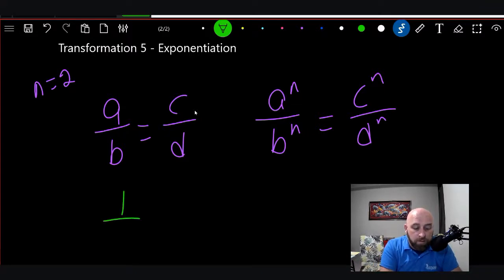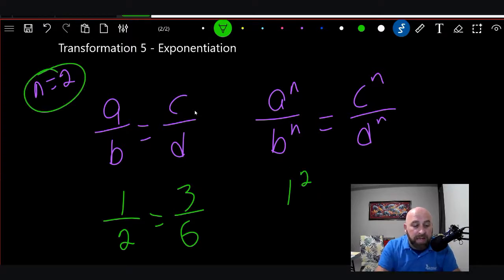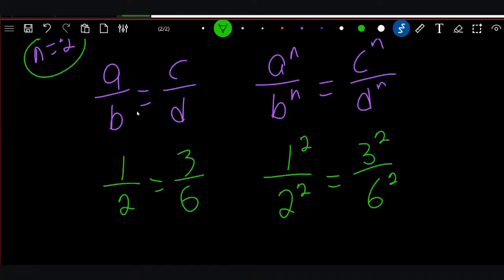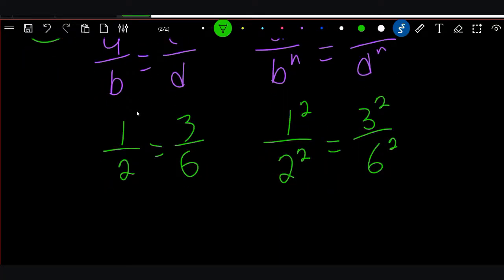1 over 2 equals 3 over 6, going back to that basic proportion again. So over here we have 1 squared over 2 squared equals 3 squared over 6 squared, because we said that n equals 2. And again, these aren't going to be equal, but they're going to be proportional. What does that mean? Well, let's find out.